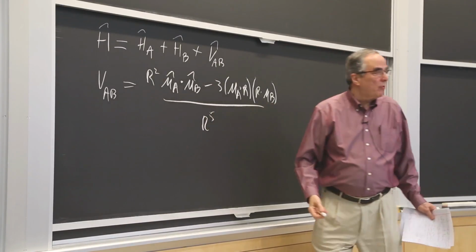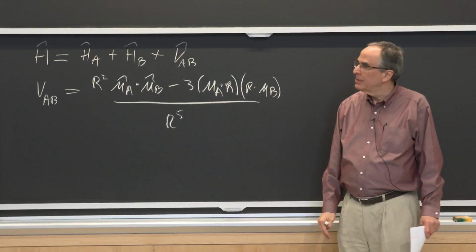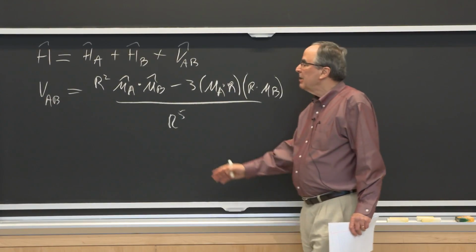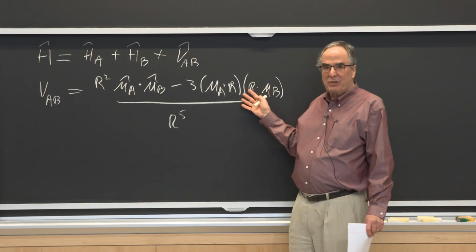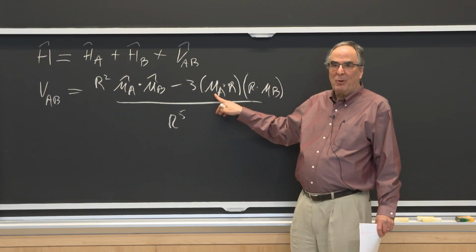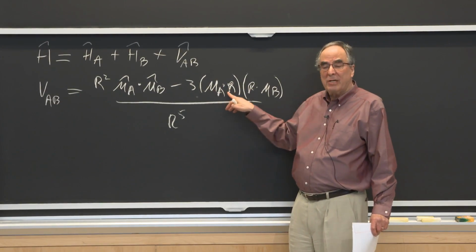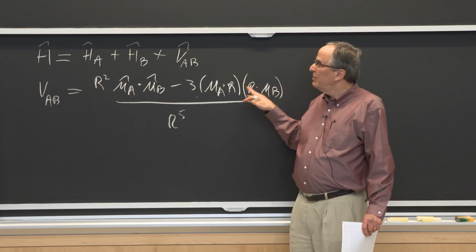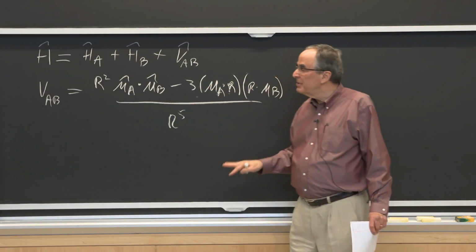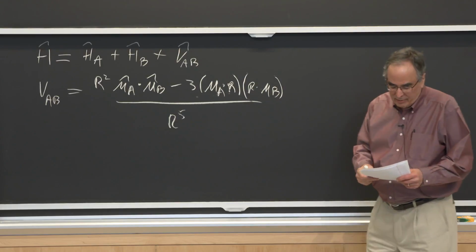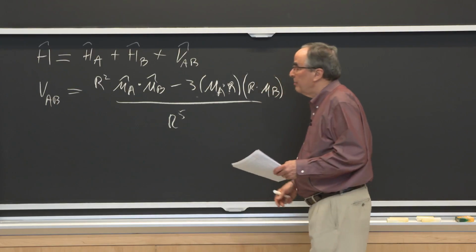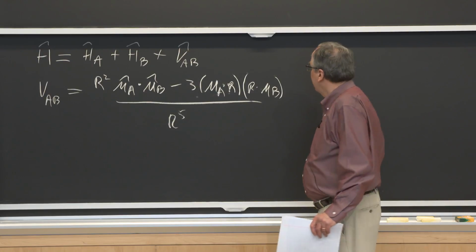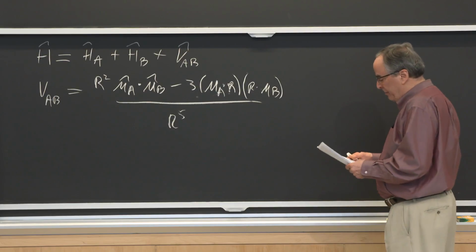So that's the general formula for the dipole-dipole interaction. And it's a little more complicated than you would like because there's two terms, and this one is kind of a puzzling term because you're projecting a dipole on the interatomic axis. And so we'd like to be able to simplify this, and we can simplify it by simply drawing some vectors corresponding to the dipole moments.